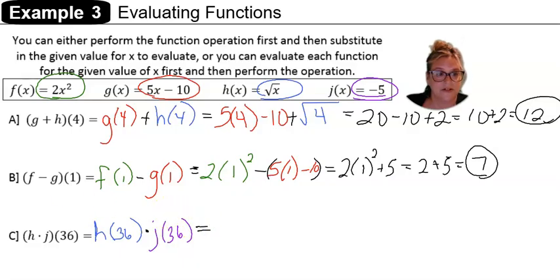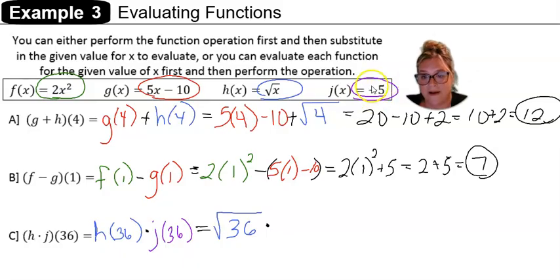So h of x is the square root of x, and in place of the x, we're using a 36. Then that's times j of x, the constant, -5.